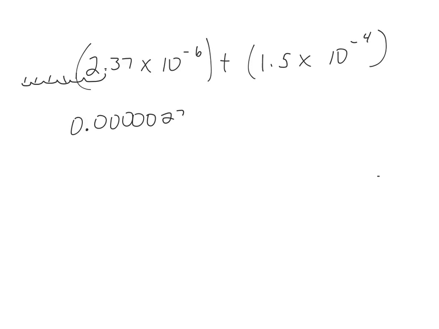And then 2, 3, 7. Plus, the second example here, I have to move this decimal point 4 to the left. So I'm going to have 1, 2, 3 zeros before the 1, 5.